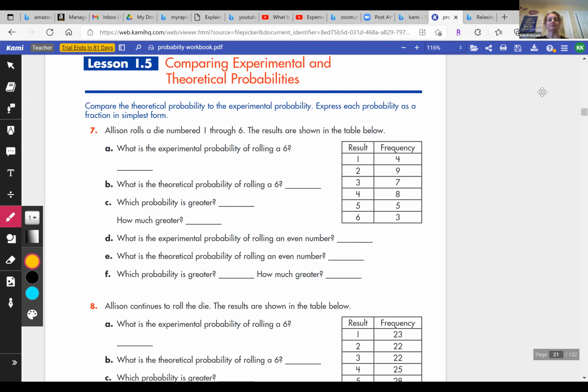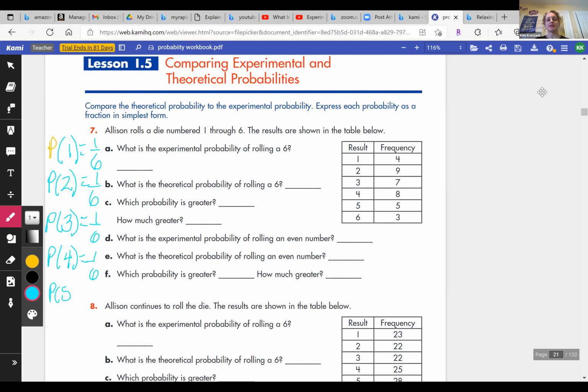The probability of 1 is 1/6. The probability of 2 is 1/6. The probability of 3 is 1/6. The probability of 4 is 1/6.